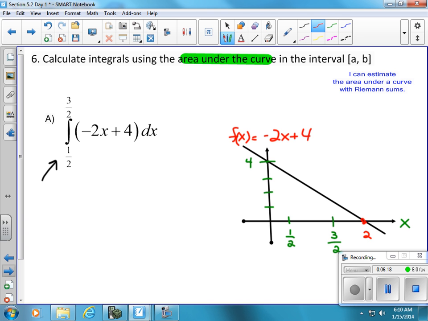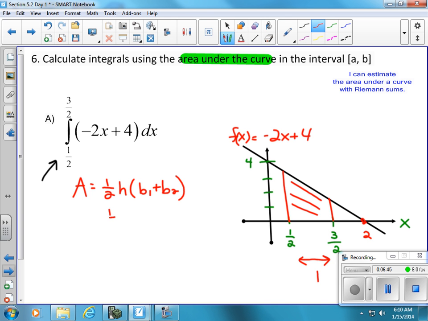So we want to find the area under the curve from here to here. So this is what we're looking for. This is called a trapezoid, and therefore we're going to use the trapezoid formula to calculate. All right, the height of this is actually the width between 1/2 and 3/2, and that is a 1.